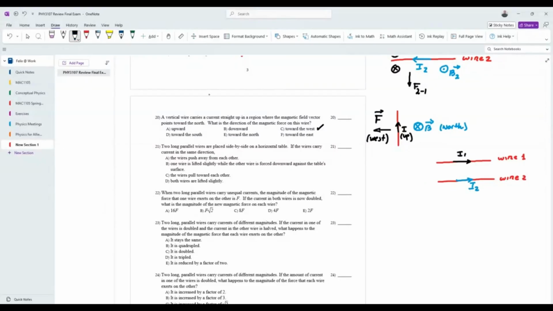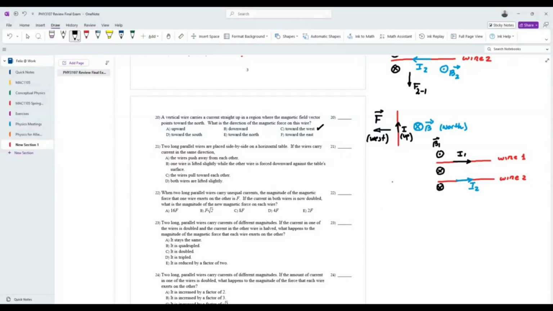Now, when we analyze the magnetic field due to I1, you use the right-hand rule. You put your thumb in the direction of the current. You see how above the wire 1, the magnetic field is leaving the plane. And below the wire 1, the magnetic field is entering into the plane. The magnetic field due to the current I1. So this is the magnetic field B1. Right?